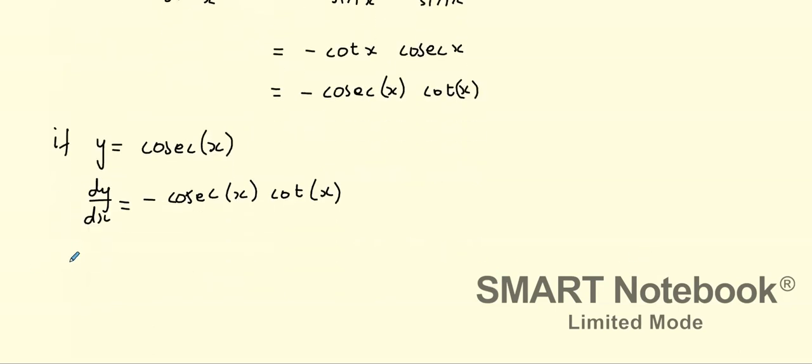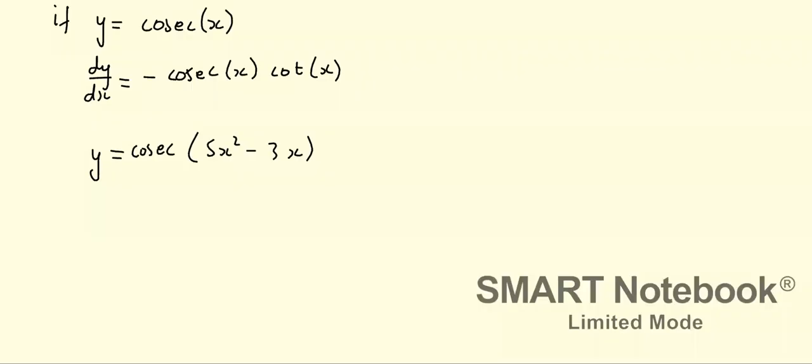Okay, so now if we know that, can you please differentiate y equals cosec 5x squared minus 3x? Have a go at differentiating that and let me know how you get on, please. Send me your answers if you get there before me.